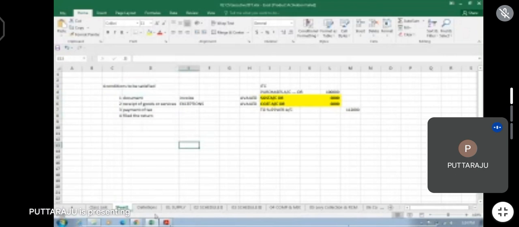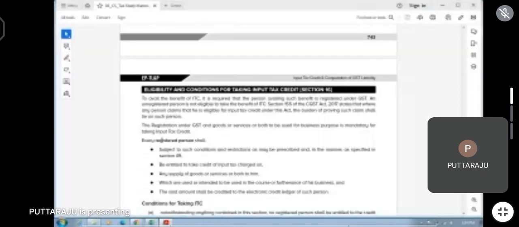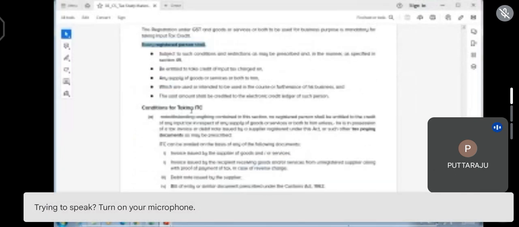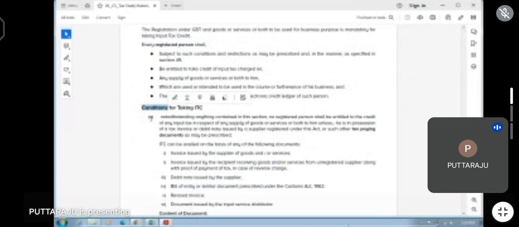Okay. Next. Those are the conditions they have given for every registered person. Here is the condition. Out of this, condition A is tax paying document, meaning invoice and other things. They have given the list. Please go through this list.